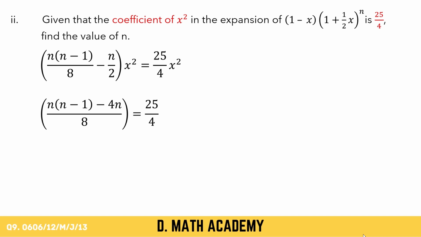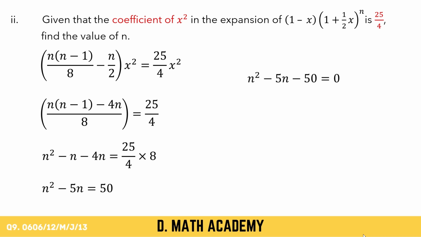I then move on, multiply the 8 to the other side. Expand the brackets, then I get n squared minus n minus 4n equals 50. n squared minus 5n equals 50. Adjust it, run the factorization process, then I get n plus 5 and n minus 10.